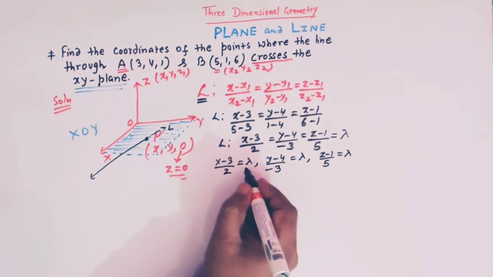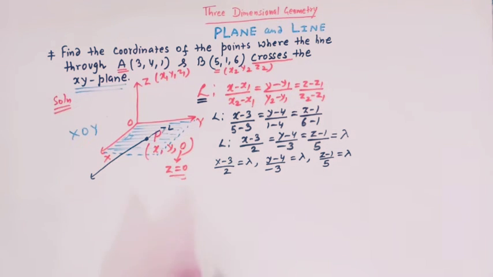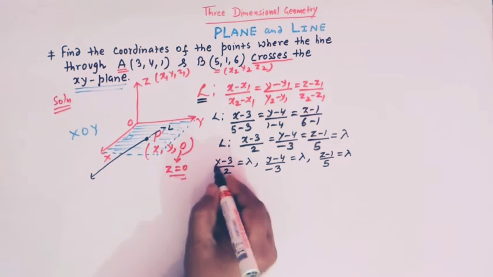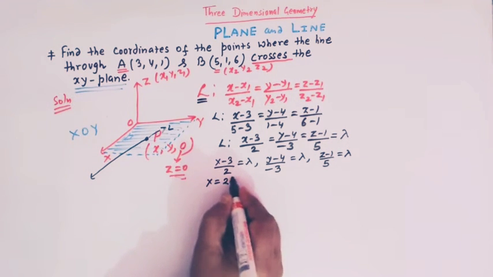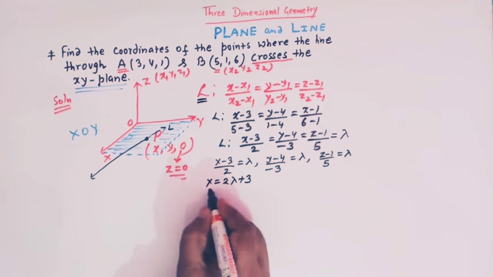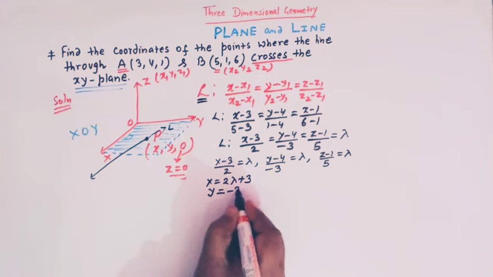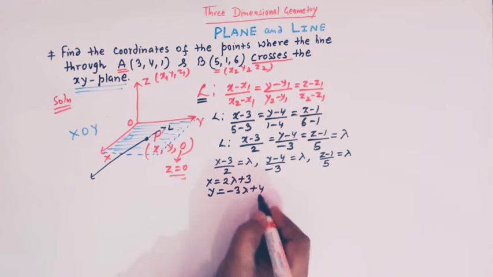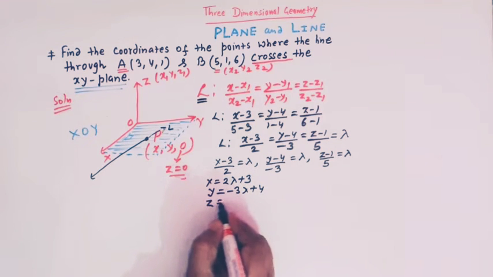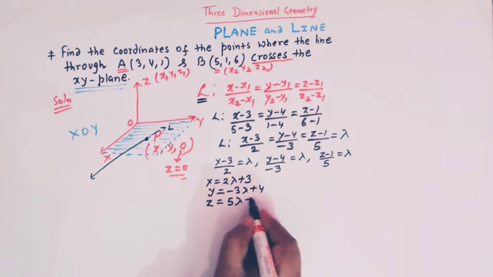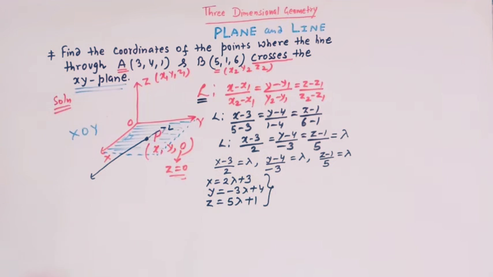For some particular value of lambda, we'll have this point P, and we have to find the value of that lambda. So now we have x equal to 2 lambda plus 3, y equal to minus 3 lambda plus 4, and z equal to 5 lambda plus 1.